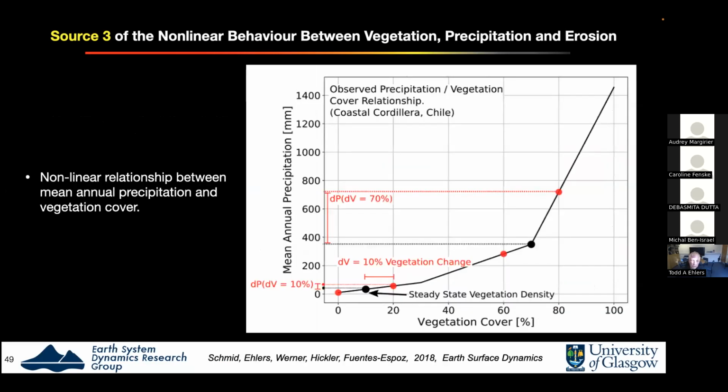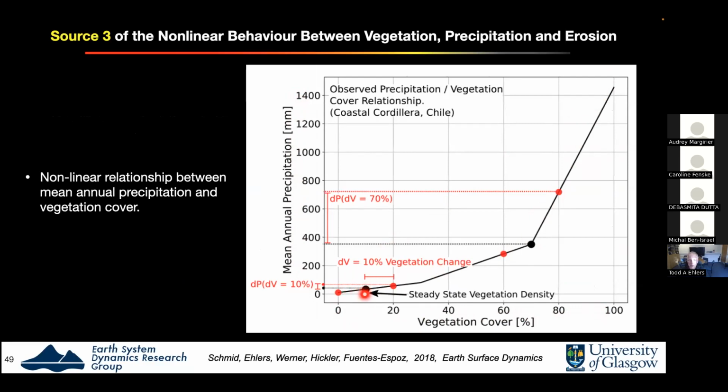The last source of the nonlinearity I want to bring up relates to a more biologic effect. This is now Chilean data shown with the black curve. As you increase vegetation cover and look at mean annual precipitation, this is not a linear relationship, okay? It looks almost exponential.